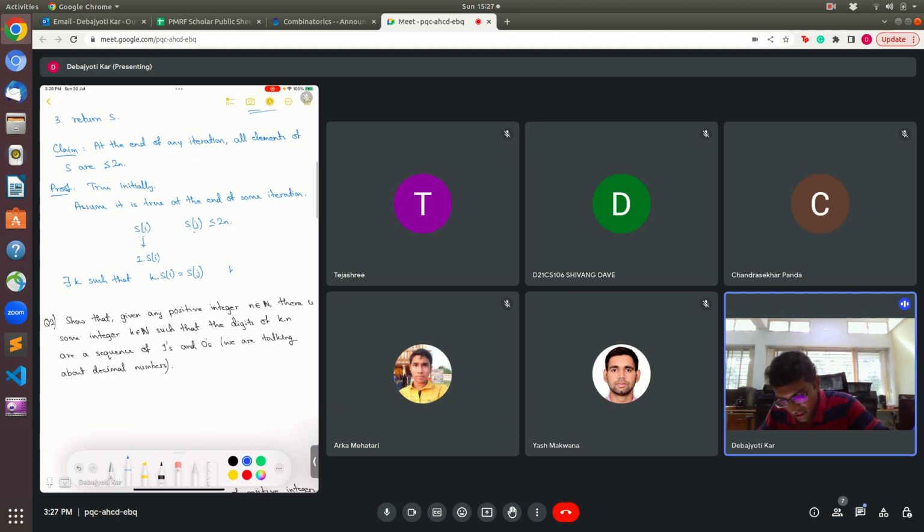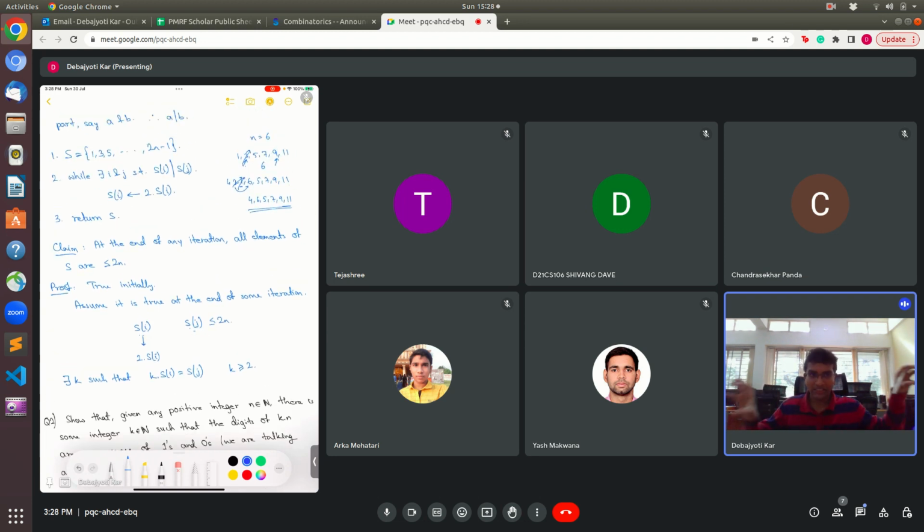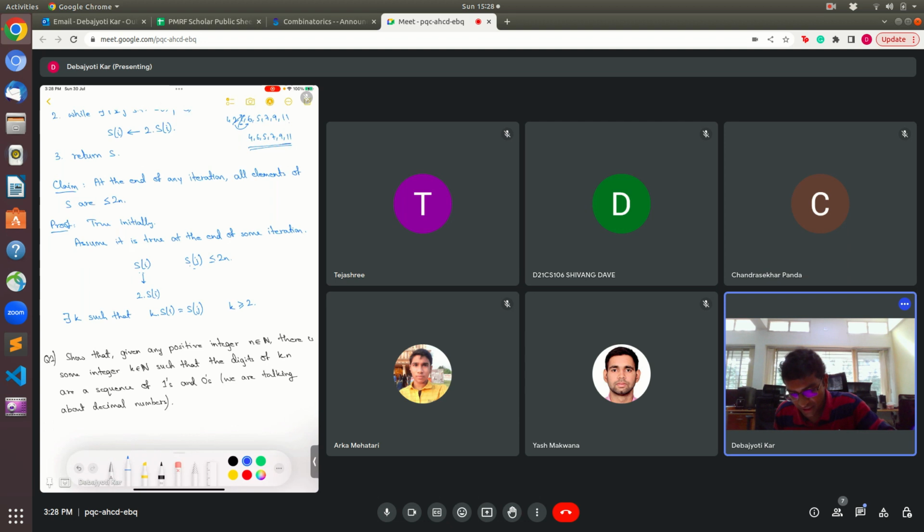And now k has to be greater than or equal to 2. K cannot be 1 because, at any point, since initially the odd parts of these numbers were distinct, and now at every step we are just doubling the numbers, the numbers cannot become equal. Because initially their odd parts were distinct, no two numbers can become equal at any stage, right? So hence this k has to be at least 2.